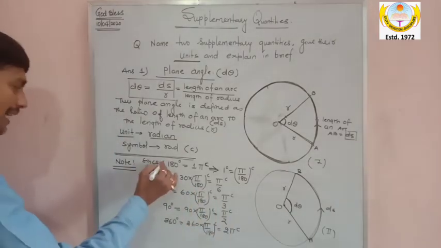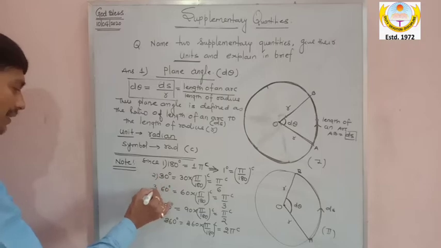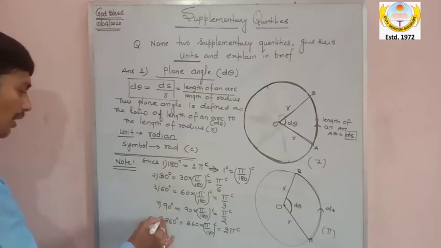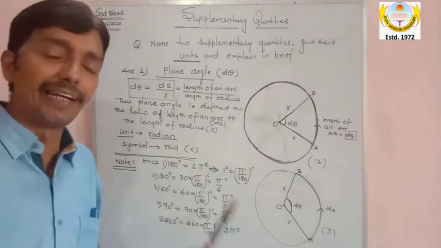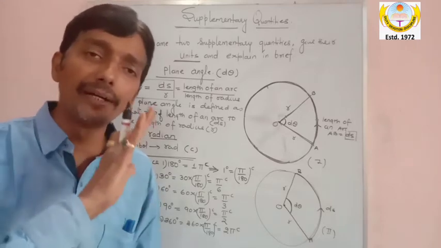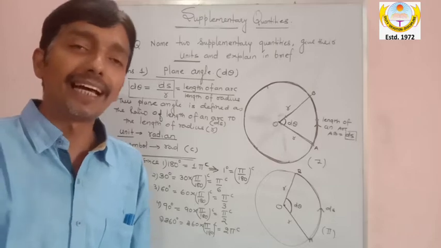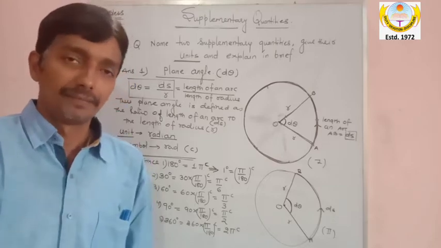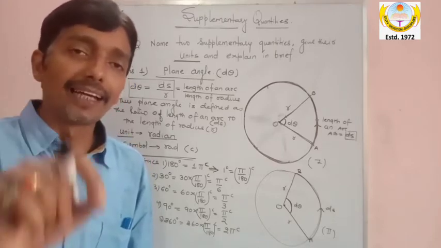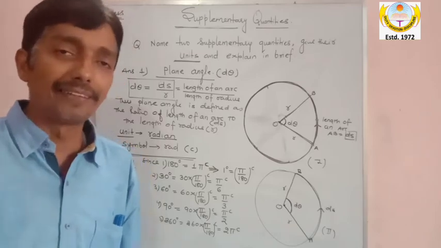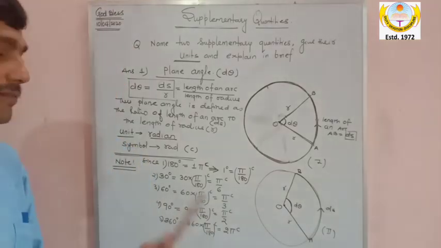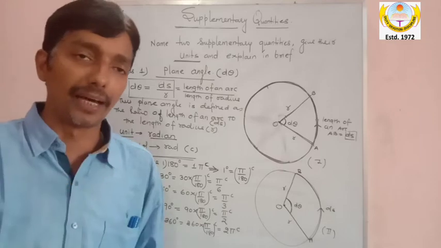So these are the examples I have given, my dear, so that you all should know how we convert degree into radian, because in physics we never do any numerical by keeping the angle unit as degree. We convert that degree into radian, and that way we do the numericals.